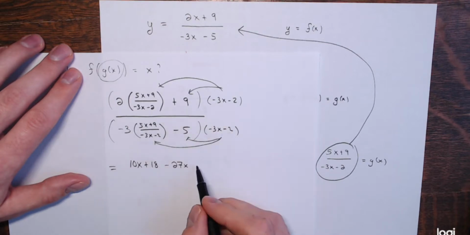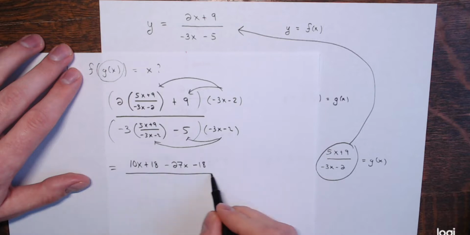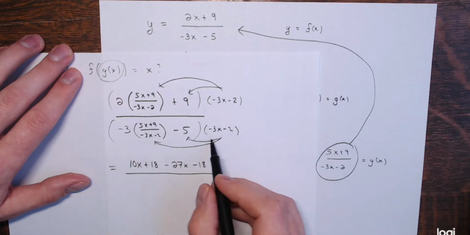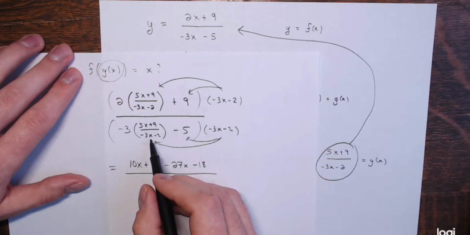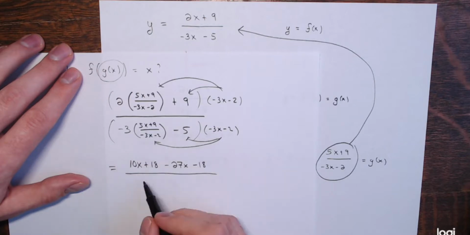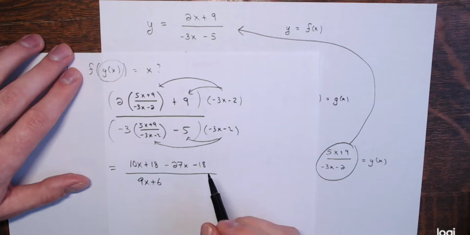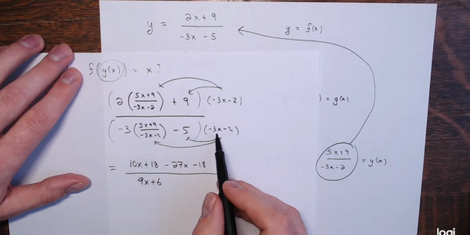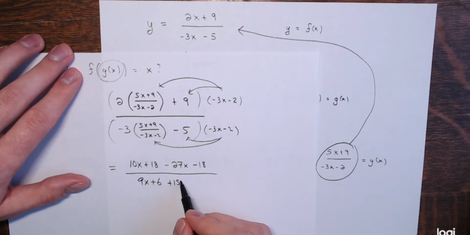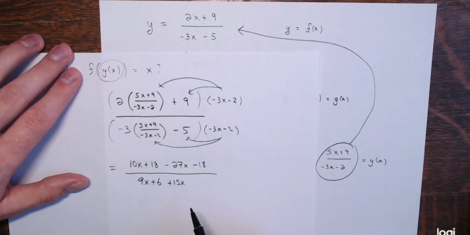And then minus 18. Then down here, again, the first term, the negative 3x minus 2's would cancel. Then times negative 3 would be 9x plus 6. And then times negative 5 here would be plus 15x. And then plus 10.